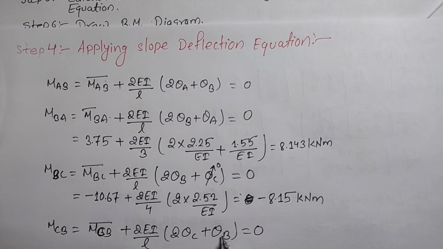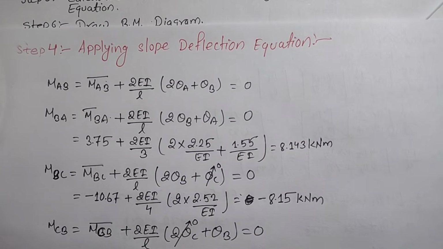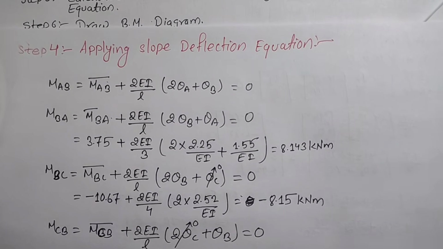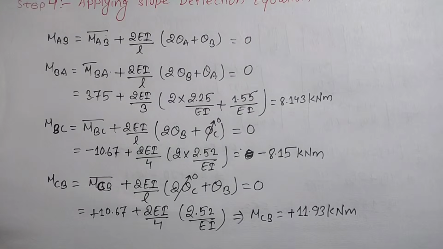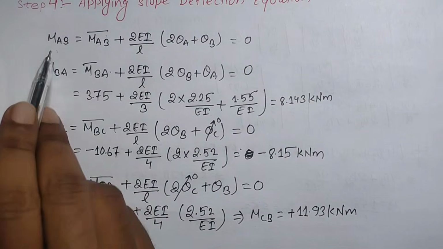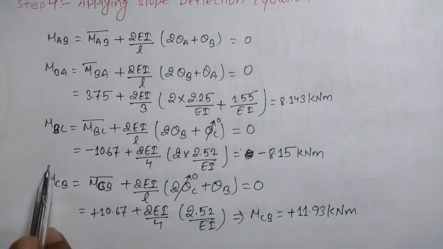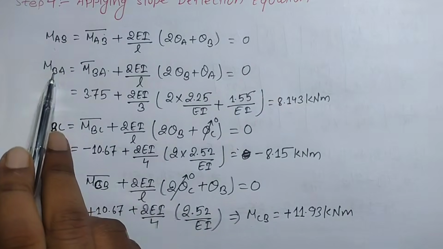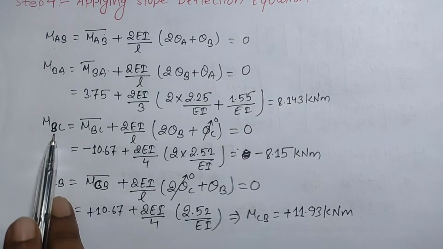This is the value of theta B, as theta C equals 0. On solving this we will get the value of MCB equals plus 11.93 kilonewton meter. Here are the final moments at points A, B and C. This is the moment at point B for span BA, and this is the moment at point B for span BC.